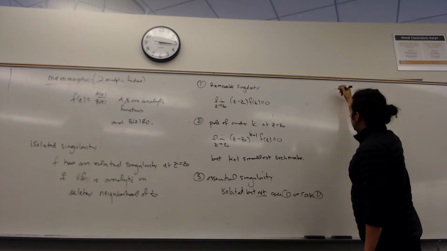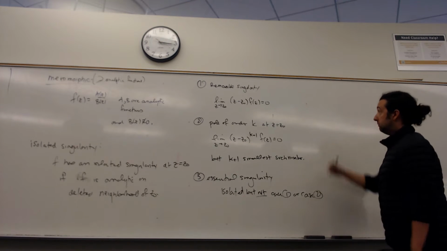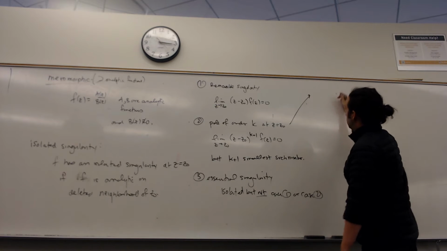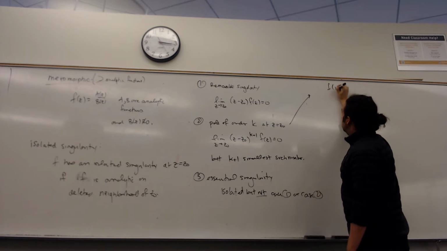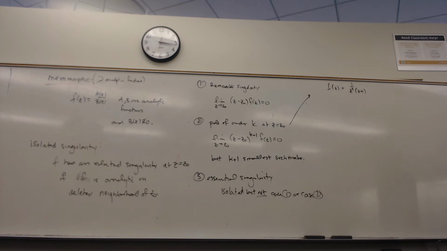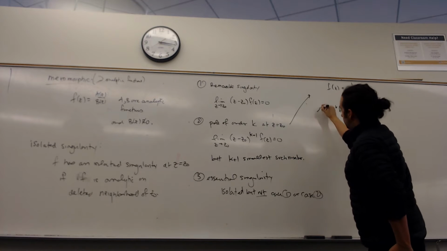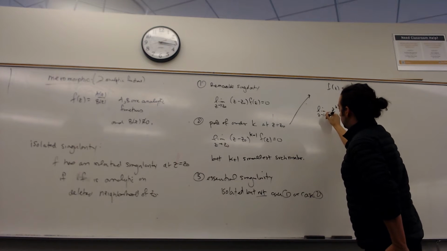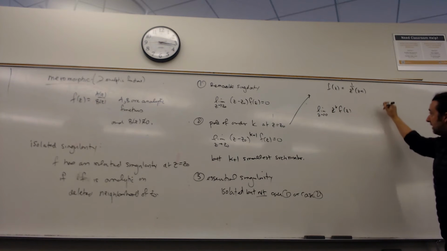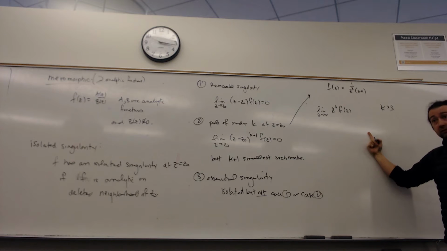Okay. Order is one of the first things we're going to talk about today. But basically, you can imagine, taking a really dumb example, f of z equal to 1 over z cubed times z plus 1. If you took z to the k times f of z and took the limit as z goes to 0, if k is bigger than 3, that limit is 0, right?